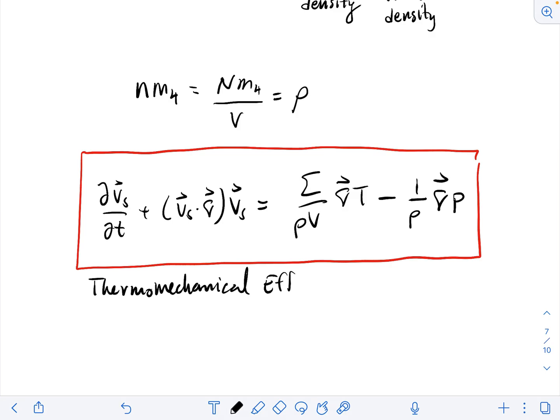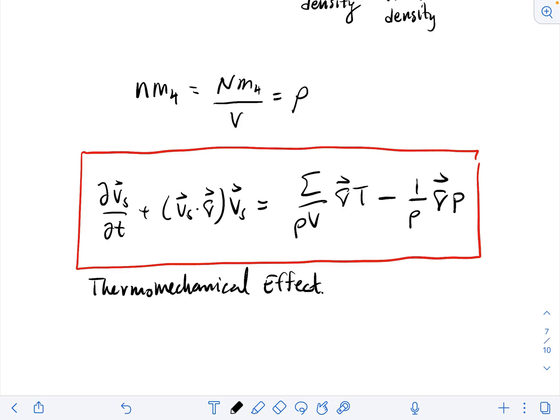So I think the simplest way to interpret this equation is to just recognize that on the left-hand side, what we have is the acceleration of the superfluid. And so on the right-hand side, we have gradients of two thermodynamic variables. And so let's suppose we kept the pressure constant, no pressure gradient, but then we have a temperature gradient. Then that's going to cause the superfluid to accelerate. We could also have a uniform temperature and then apply a pressure gradient, and that is likewise going to cause an acceleration of the superfluid.